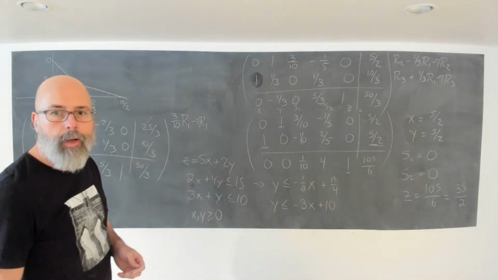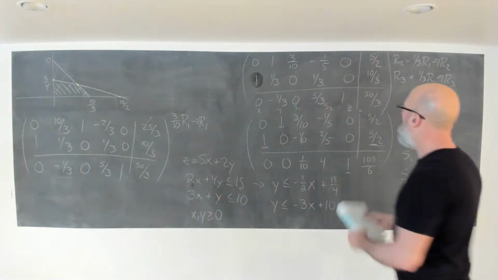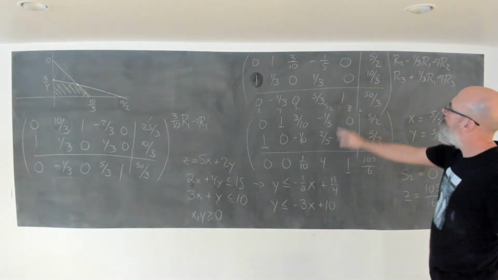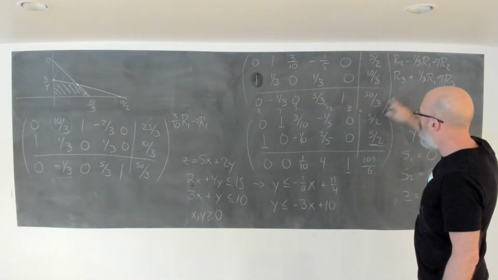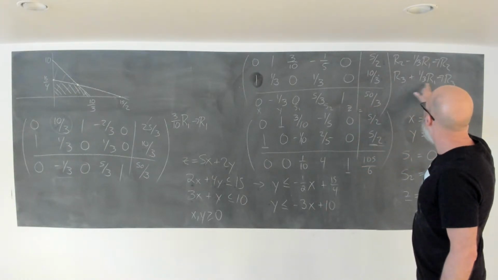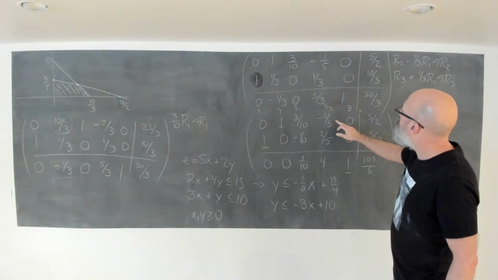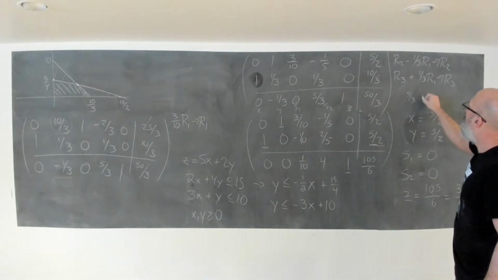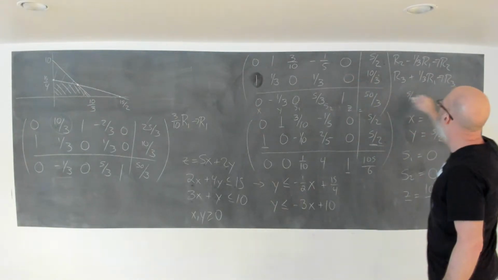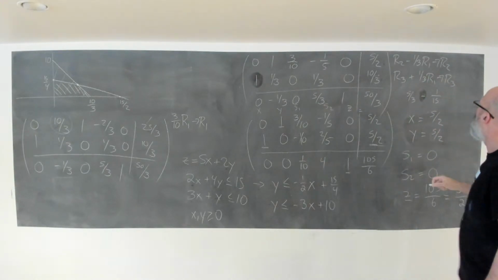The 4 should be an 8 over 5. You're right that it doesn't influence anything, but if that's what it should be, we are doing row 3 plus a third row 1. So 5 over 3 plus a third, so minus 1 over 15.